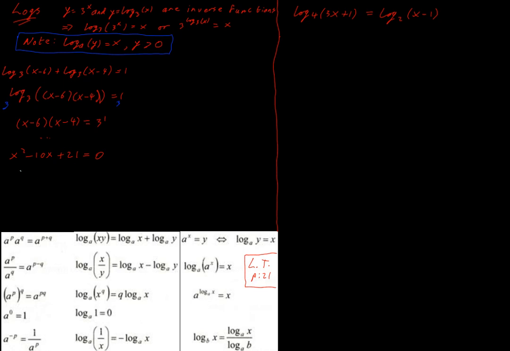When I factorize that, which I also know how to do, I will end up getting x minus 3 multiplied by x minus 7 is equal to 0. And then I will end up with x is equal to 3 or x is equal to 7. This is simply working out a quadratic equation. You know how to do that backwards.